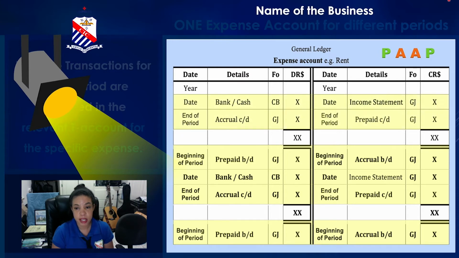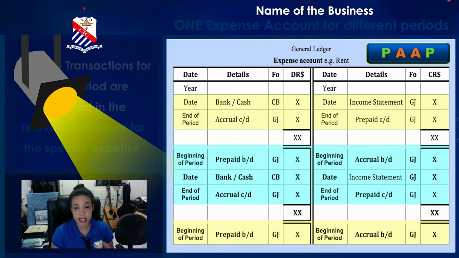So you see in this example you have 3 periods. And these 3 periods, the middle one, the blue one, is the current period. This one would represent the first period. Notice no balances at the beginning. So this is our period 1.